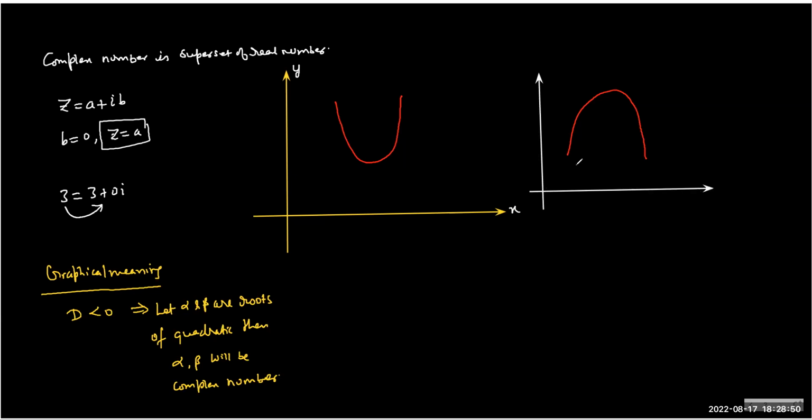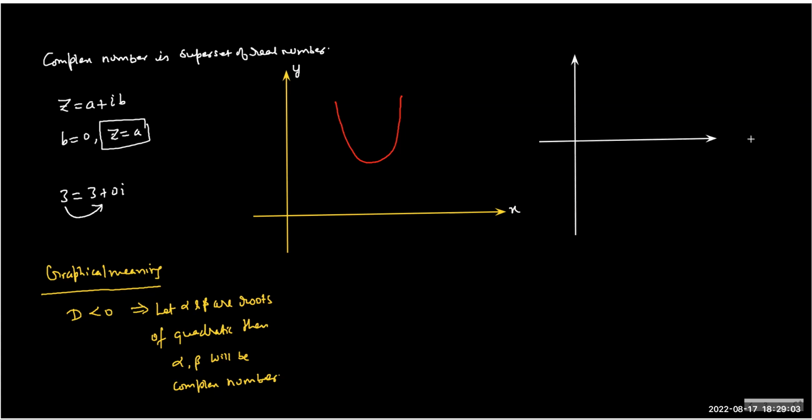Now, if you have something like this, and if you extend it, it will eventually cut somewhere. So this cannot be the answer. So the other answer possible is this, and the graph you can extend like this.